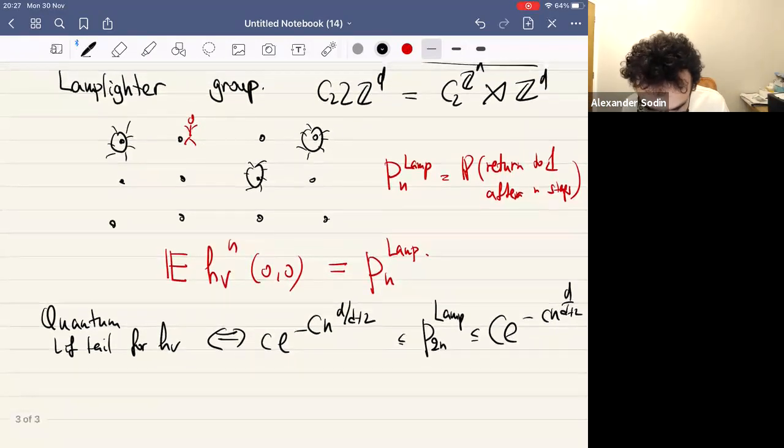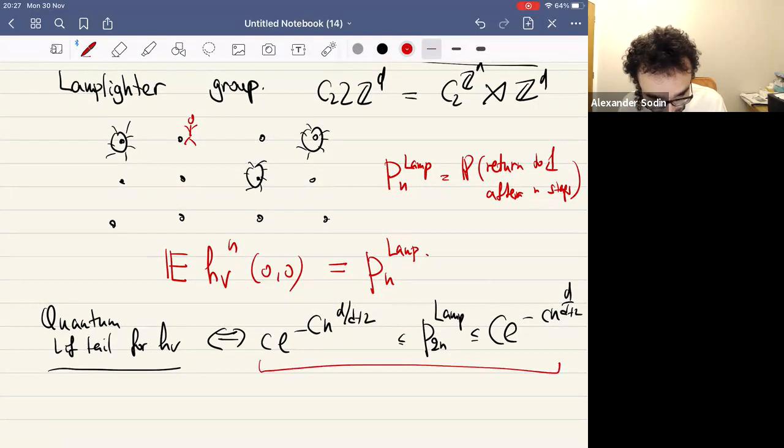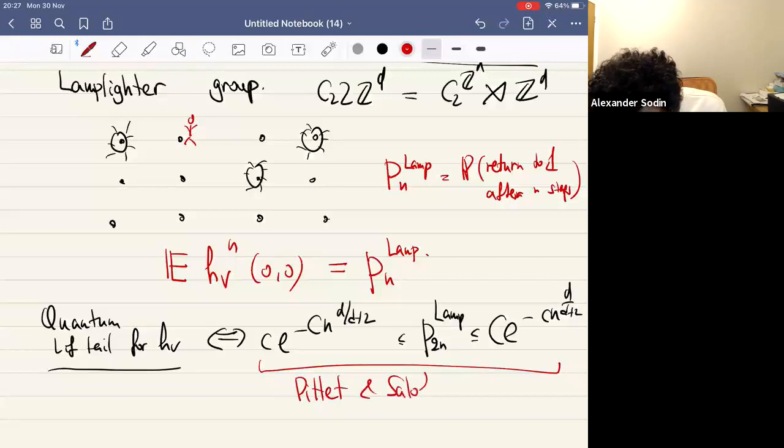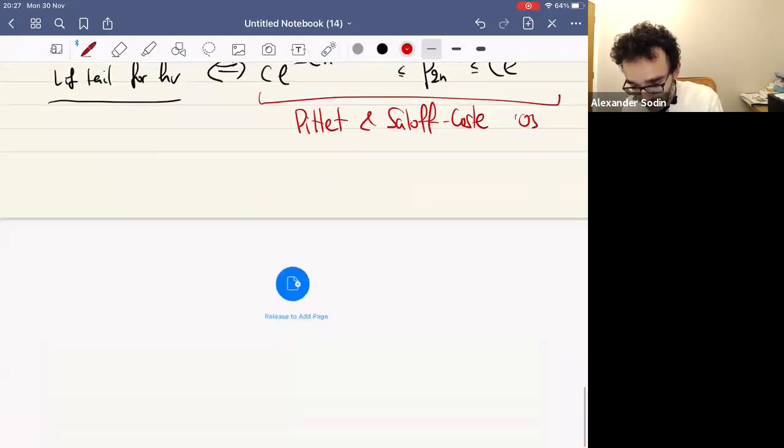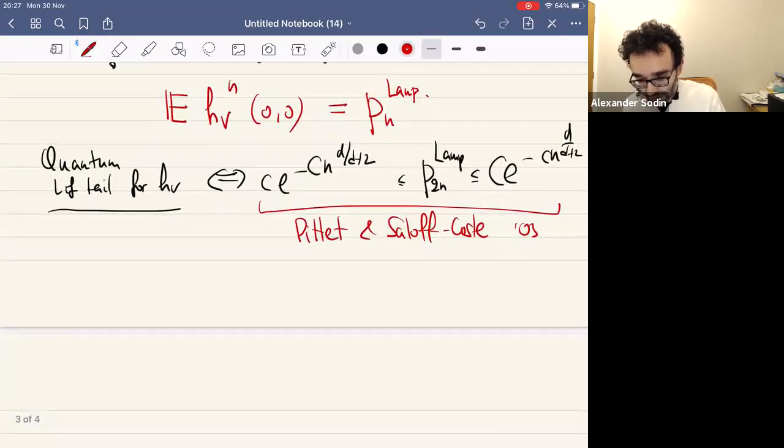However, as I mentioned, this left-hand side was proved by Barry Simon in '83, whereas for this bound, the earliest reference which I found is Pittet and Saloff-Coste in '03, and apparently they didn't know at the time that it's equivalent to a well-known fact. But it's okay. In any case, both sides are well known, and what we do has some connection to their work.